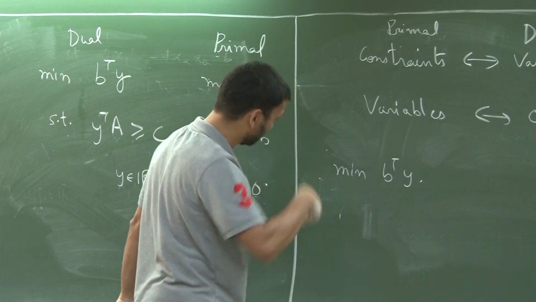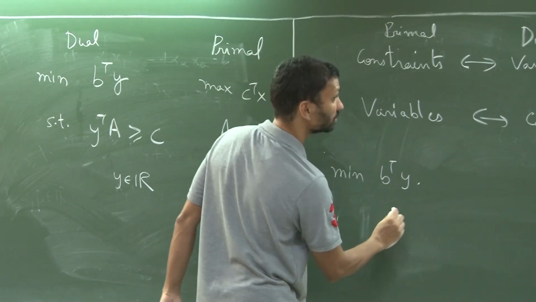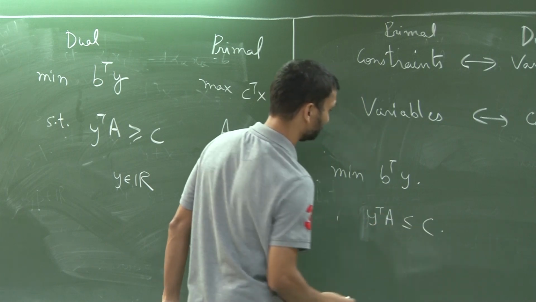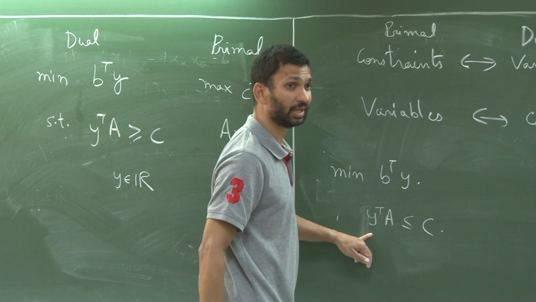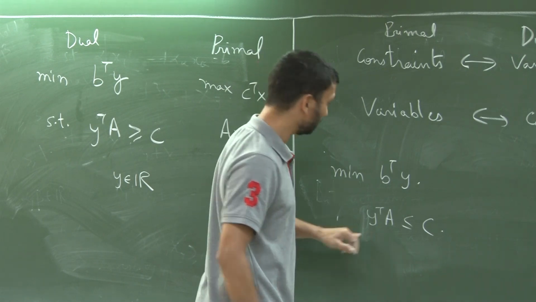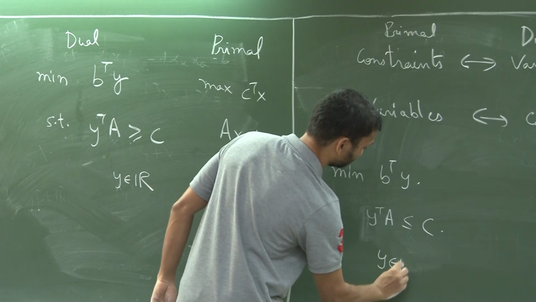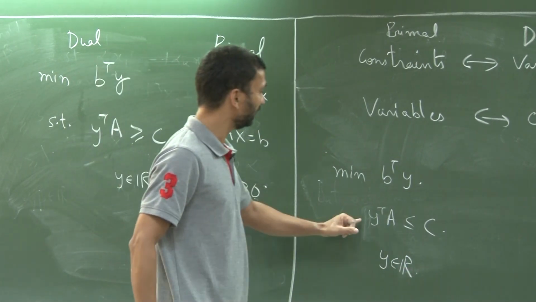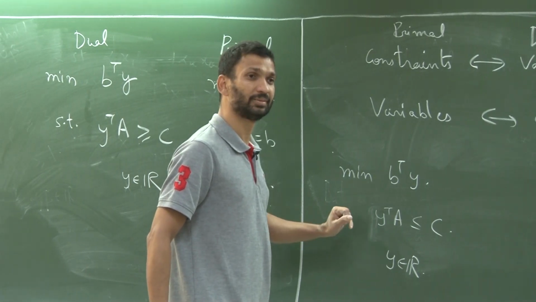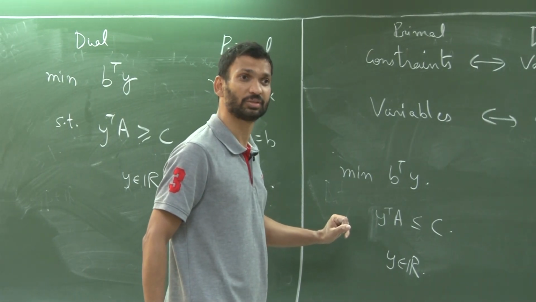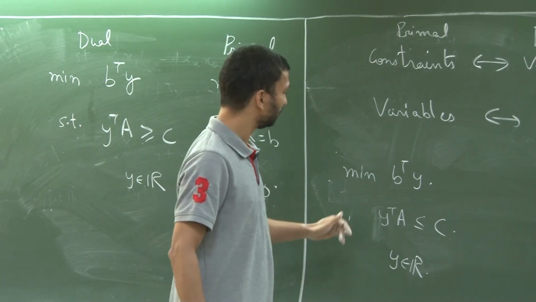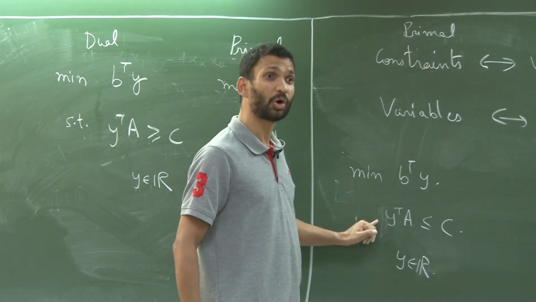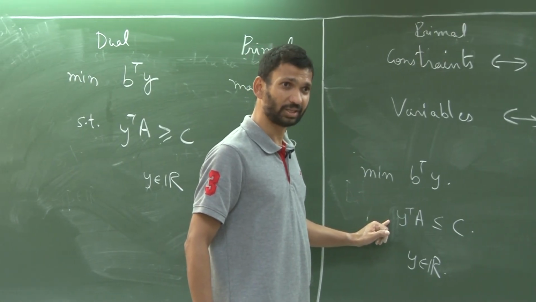So y transpose A less than or equal to C. This means how many equations are there? N. Right? Now I need to multiply each of these equations with a constant, right?